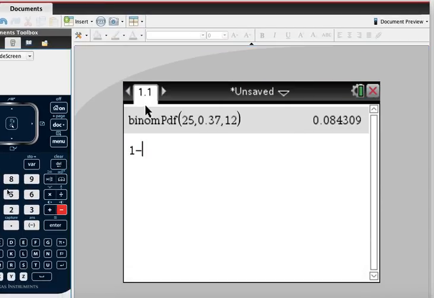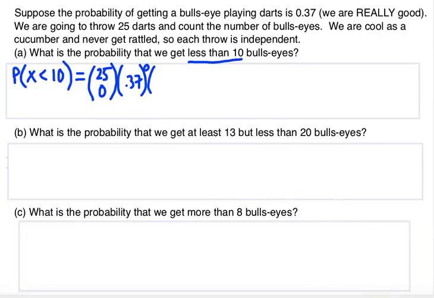so if we do 1 minus 0.37, we get 0.63. And then we raise that to the n minus k, so 25 minus 0, which would be 25. So this is basically succeeding 0 times, failing all 25 times.